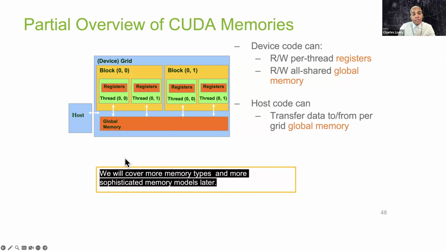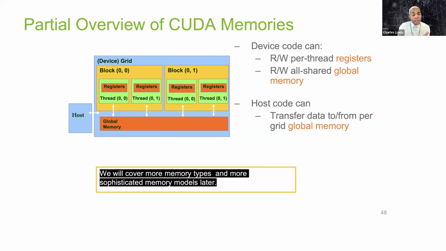And so what you want to consider is that you have your host CPU that is going to be connected to the GPU device memory. As for the memory hierarchy for CUDA on NVIDIA GPUs, you'll have your device code that can read-write registers per thread, and then you'll have read-write for shared memory and global memory as well.